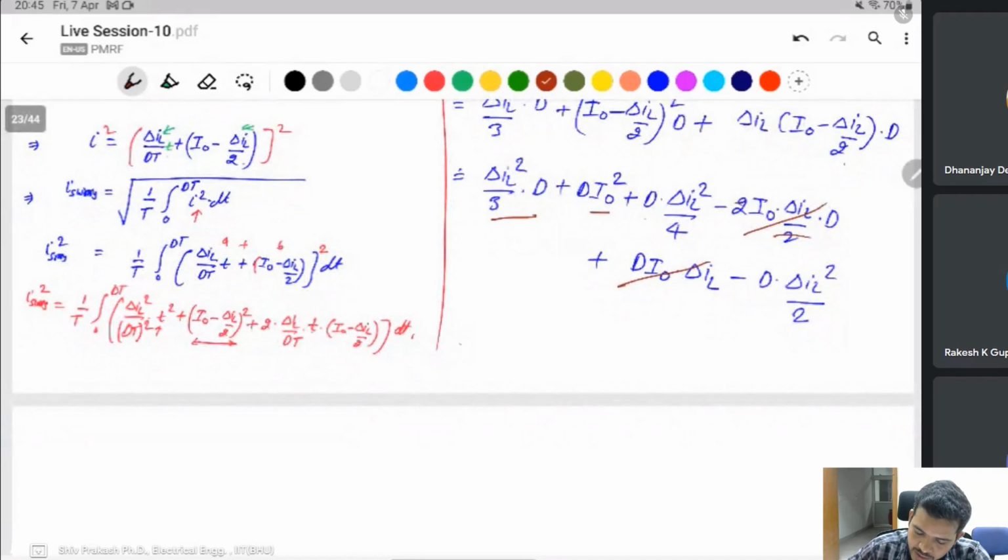Take LCM as d I naught square plus, 12 as the LCM of 4, 3 and 2.